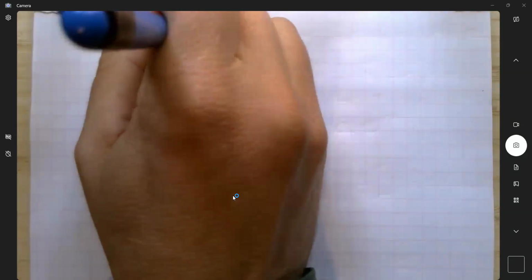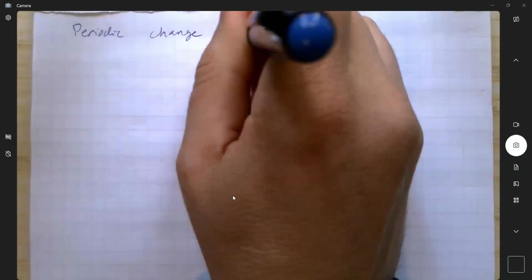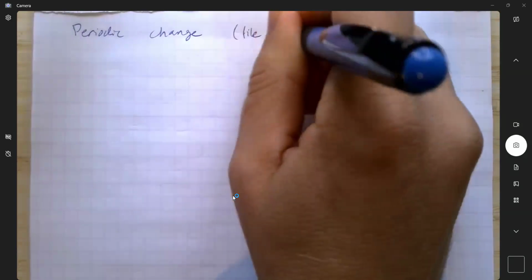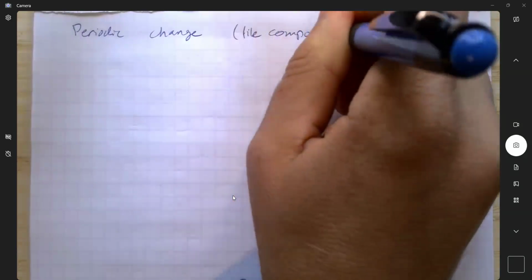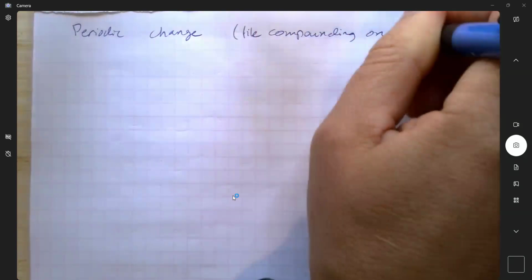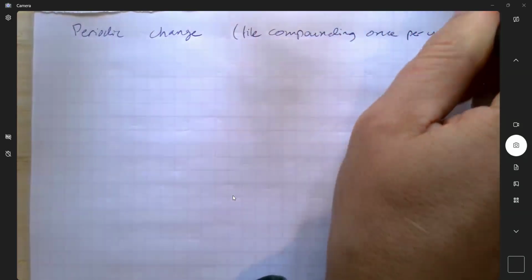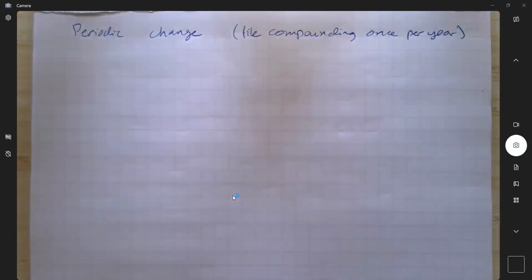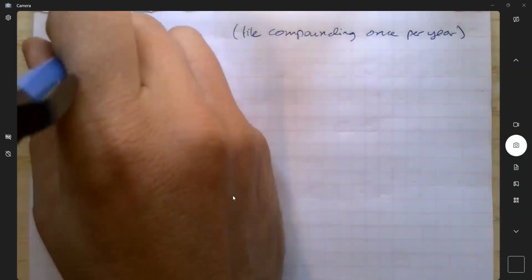Then we have periodic change. This is like compounding once per year. So for example, let's see.